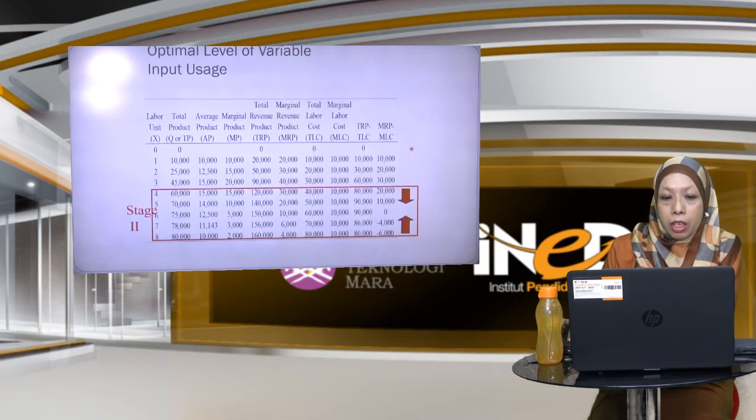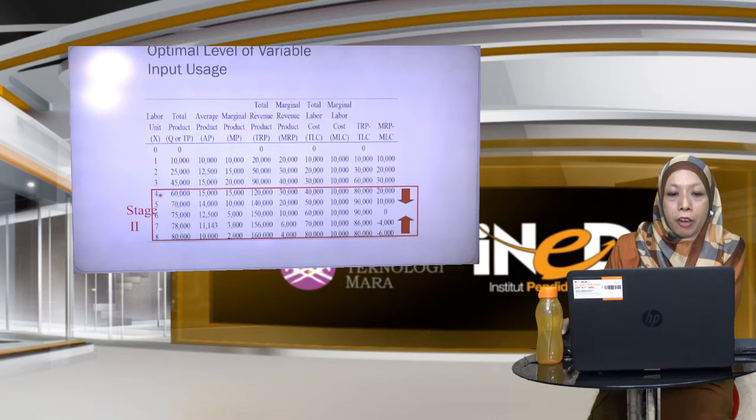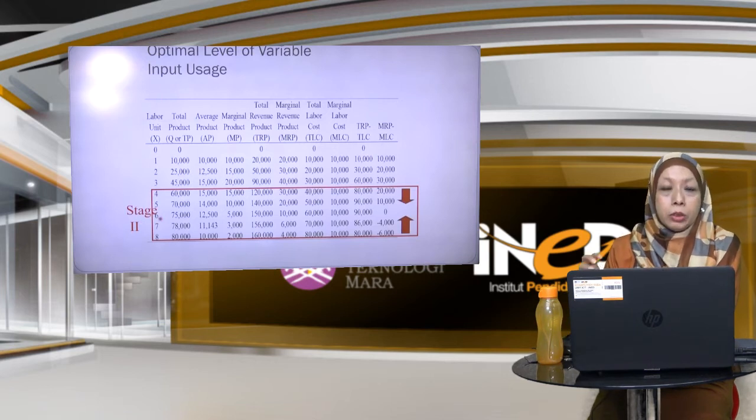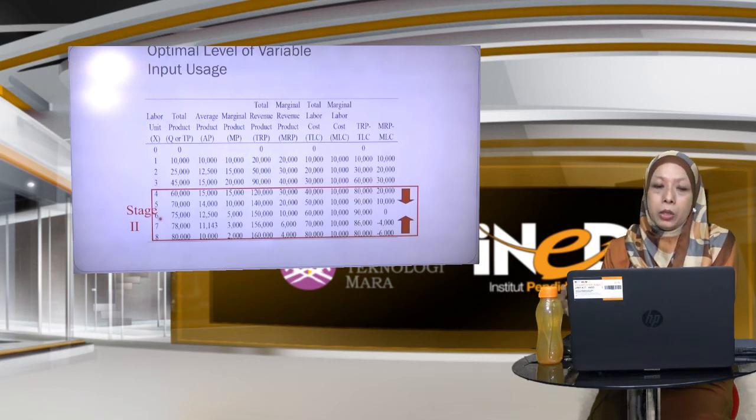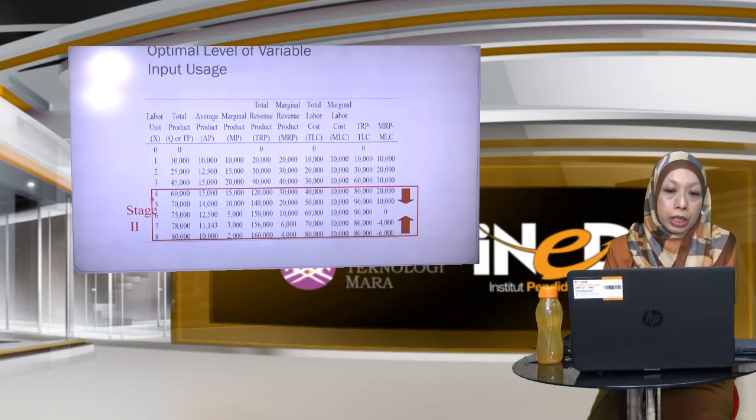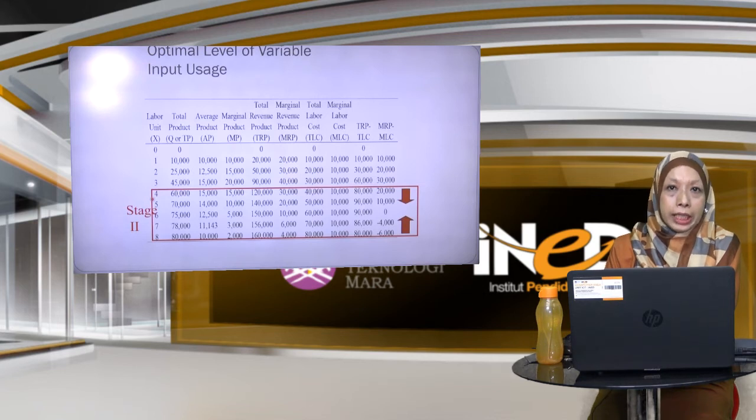Now, if you can recall, our stage 2 just now is from the 4th unit of labor up till the 8th unit of labor. But stage 2 only provides us with the range of labor to hire. If we want to know exactly how many labor to hire, as I said, we need information on the price of the product and the wages that you pay for the workers. And we have assumed that price is equal to 2 and the wage rate is equal to 10,000.